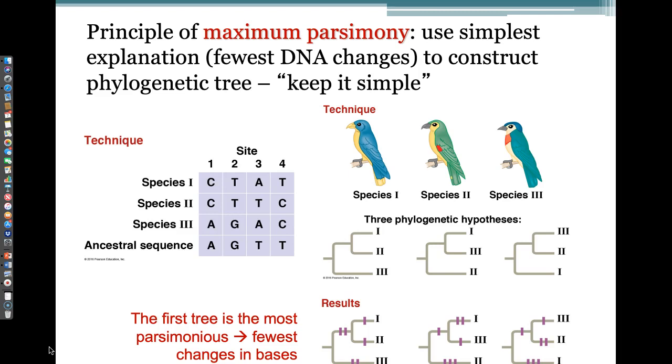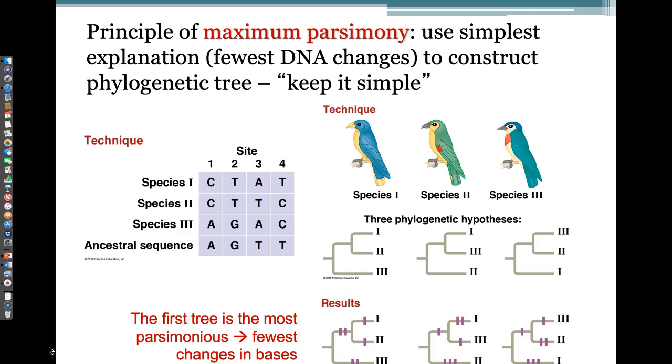But the right answer in terms of which one is right is going to be the first phylogenetic tree on the bottom towards the left or kind of in the middle of the page. The reason is that there are the fewest changes in bases. There's only 6 events taking place in that first phylogenetic tree.